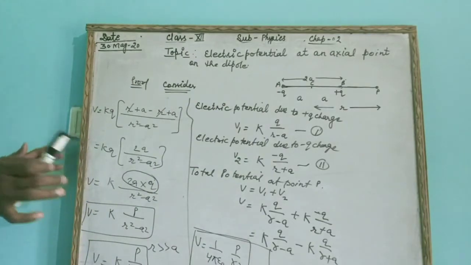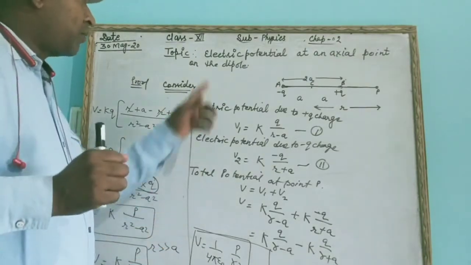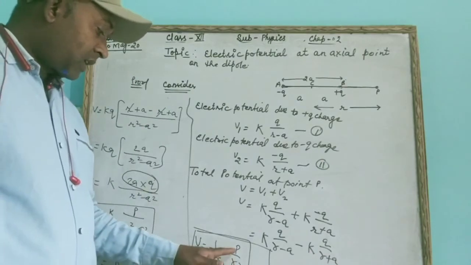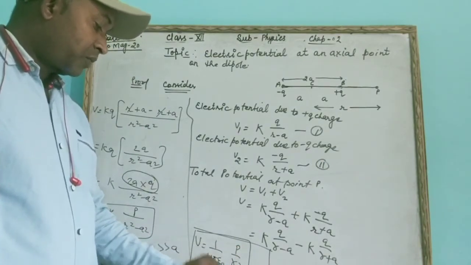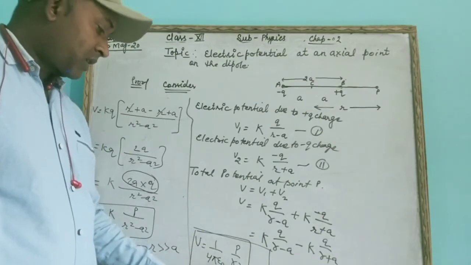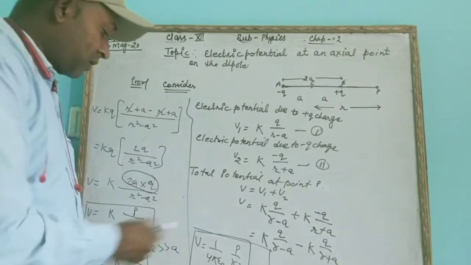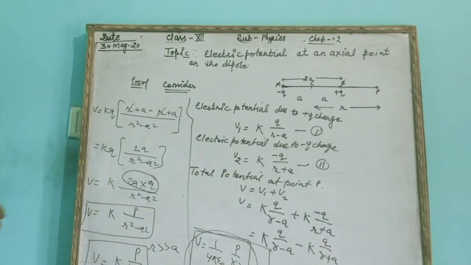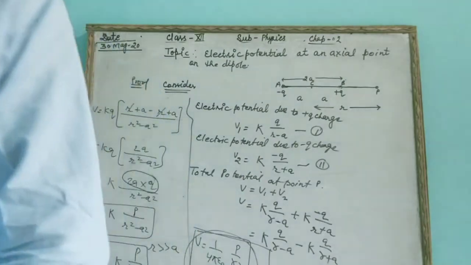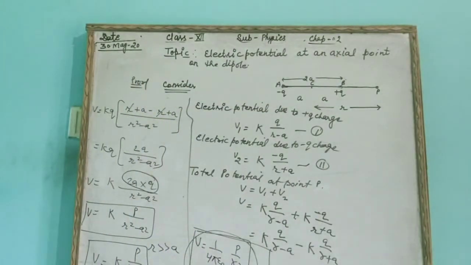It is the main difference between the potential formula and the electric field formula: in the potential it is p upon r square, and in the electric field it is 2p upon r cube. So hence proved. Now I am going to start the next formula.